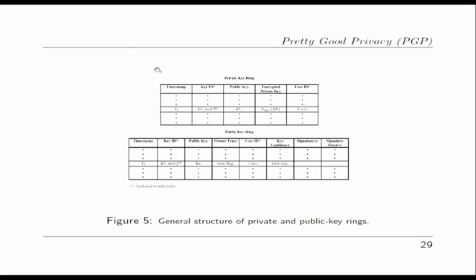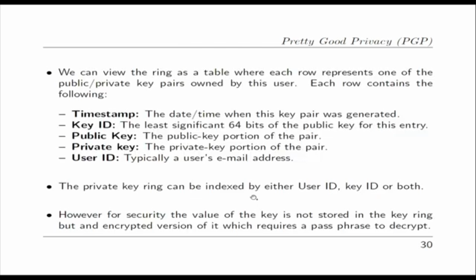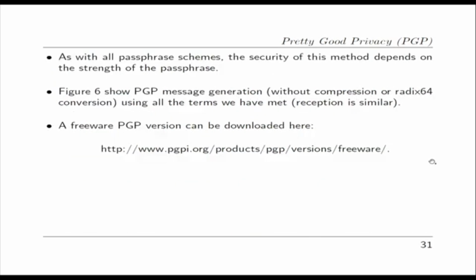This is basically the private key ring, and this is the public key ring. So these are the key rings used in PGP. We have discussed timestamp, key ID, public key, private key, and the user ID.